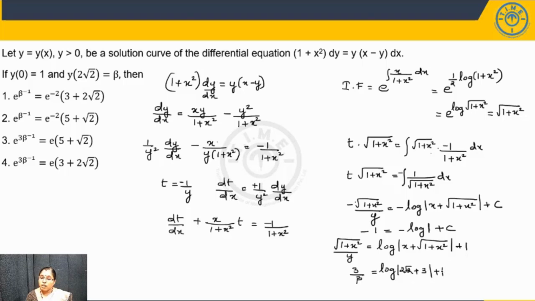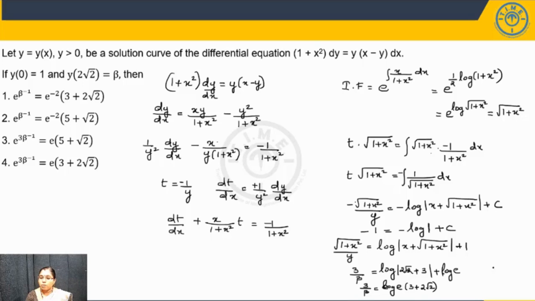Now what is 1? Let us write it as log e. log a + log b is log ab. So let's write 3/β = log(e(3 + 2√2)).